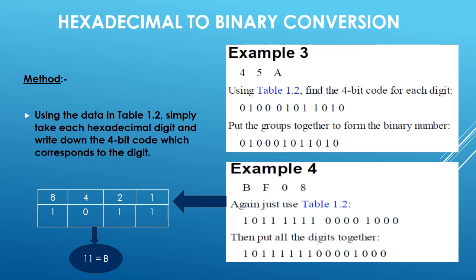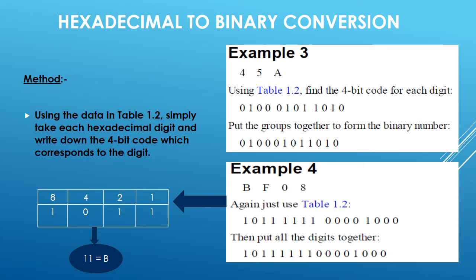If you do not want to use table 1.2, you can simply use the binary notation 1248. So you will be writing 1248, and to make 4, you will put 1 under the binary notation 4, and you will make the rest of the binary notation 0.